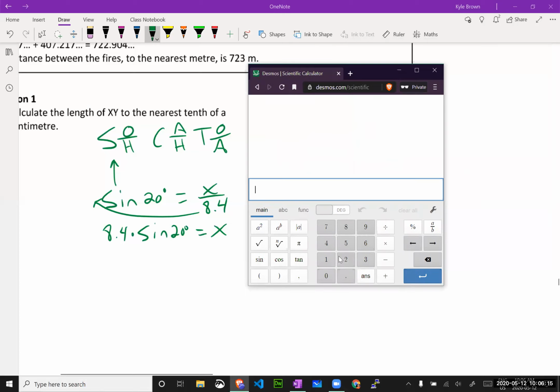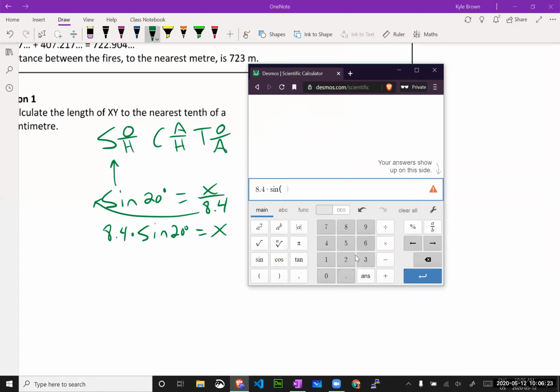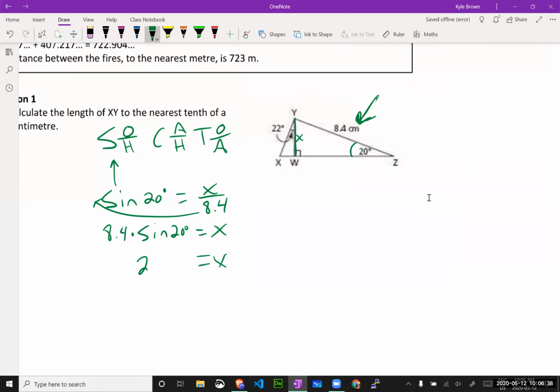All right, let's try this. 8.4 times sine 20. We get 8.87 yada, yada, yada, so 8.9. I'll keep the digits though, just because we're going to use that again. So we'll say 2.873. Okay, so that's what that side length is.